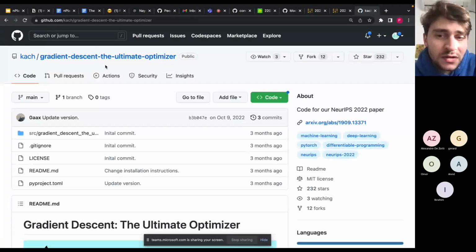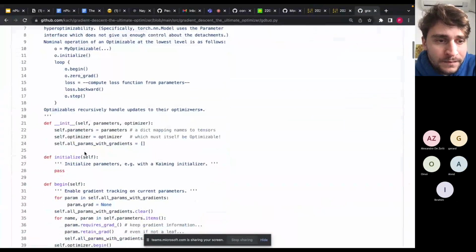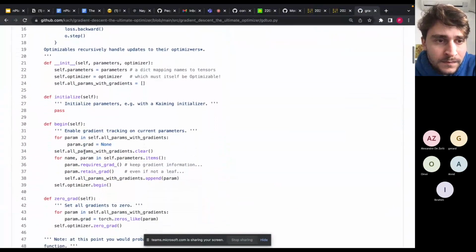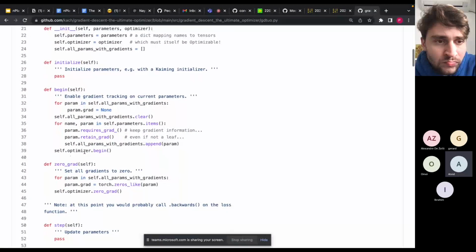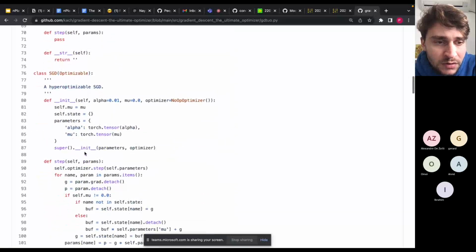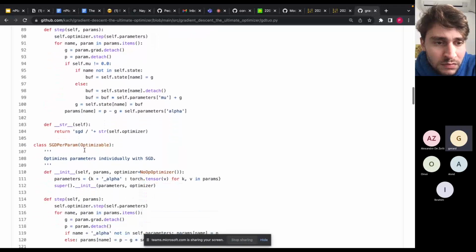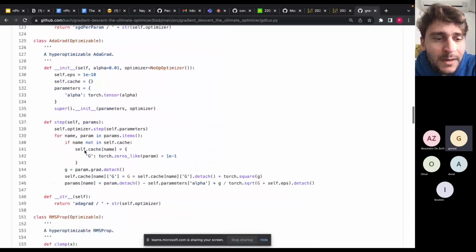Let's see. So this is the code. It looks pretty. Oh, cool. So they've implemented the actual optimizers. Yeah.